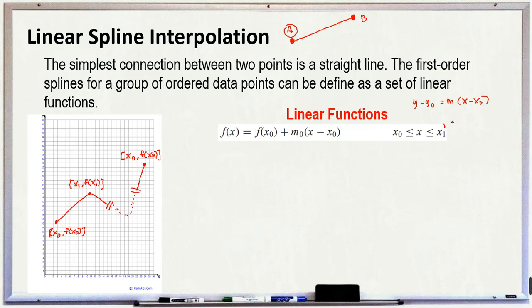So dira na nimo siya pwede magamit. For the next interval, di na nimo siya magamit kay dira ra man nimo siya gi-evaluate between x0 ra man ug x1. Okay? So this is our first linear function. Dira na siya mogana. How about the rest of the intervals?